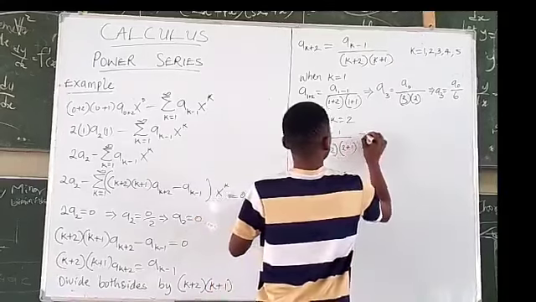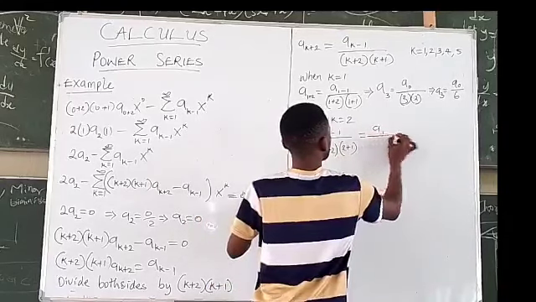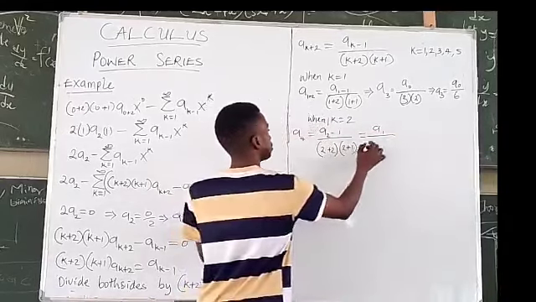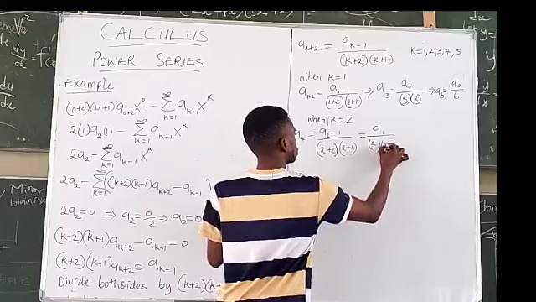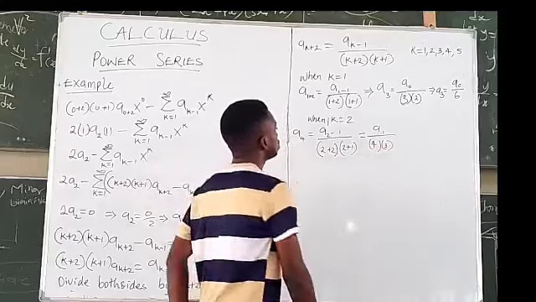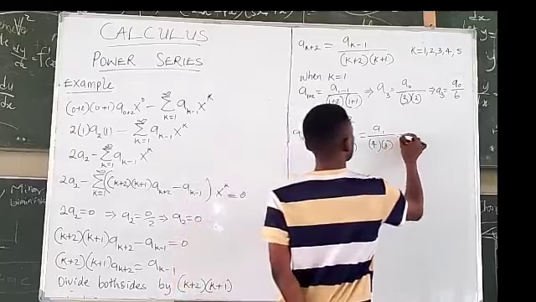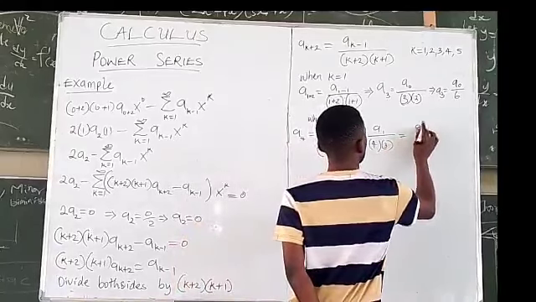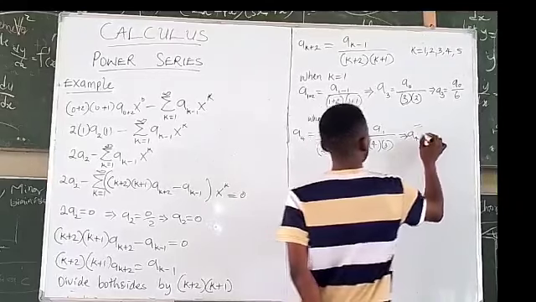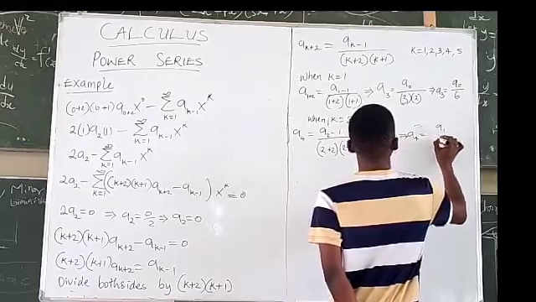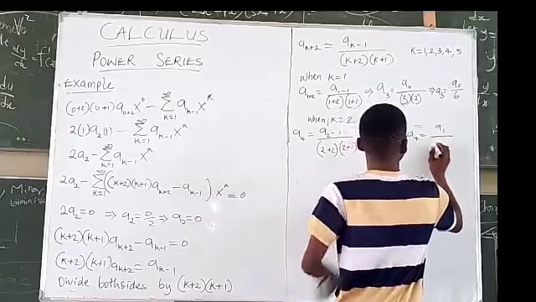Then this part becomes a1 all over 4 times 3. Then this becomes our a4. Our a4 becomes a1 all over 12.